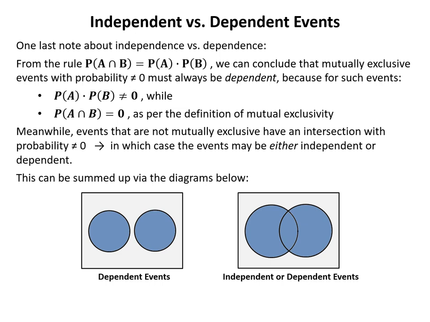Mutually exclusive events are always dependent, and that happens to be a common misconception, because based on the way the English language uses the words independent or dependent in a non-mathematical sense, if you look at those two circles in the Venn diagram on the left, you might think of those two sets as being independent of each other.